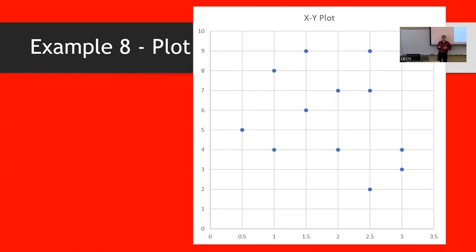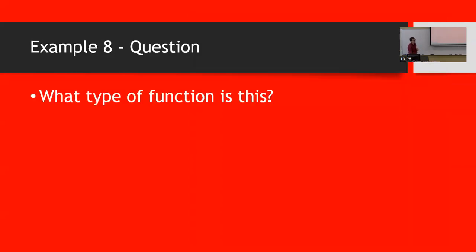And that is possible as well. It is very possible that you get a scatter plot and it really doesn't have a pattern, at least not one that we would recognize. So it's perfectly fine, if you get to a place and you see a scatter plot like this, to be able to say, this is not one of those functions we looked at.